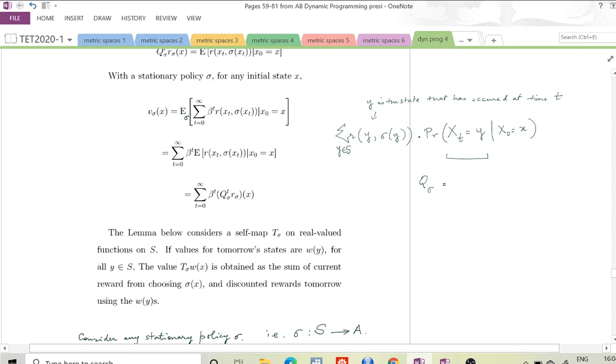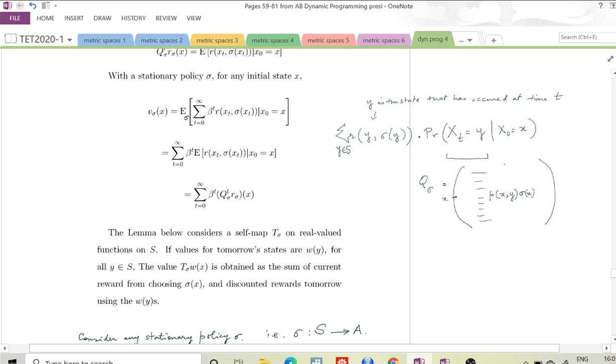It says, there are some states, a finite set of states, state 1, state 2, state 3, etc. So let's say this state is x. It corresponds to row x. What are the transition probabilities to the states y tomorrow? So what are the p of x dy's? Well, it's actually p of y, given that the state today is x and I played the action sigma of x.